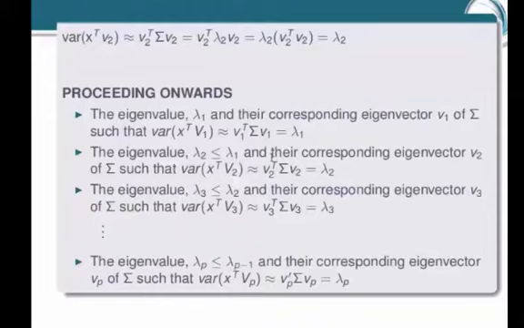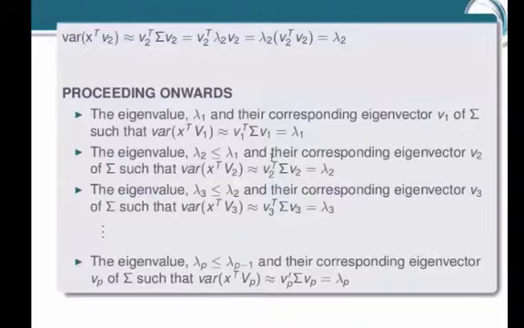Proceeding onwards. Now we have the eigenvalue lambda 1 and the corresponding vector b1 of sigma. The eigenvalue lambda 2 less than or equal to lambda 1 and their corresponding vector b2.